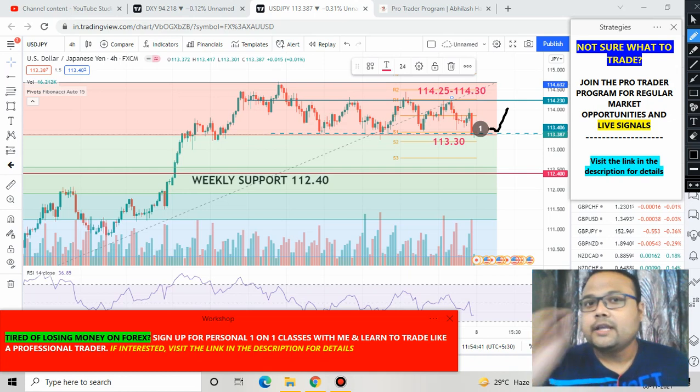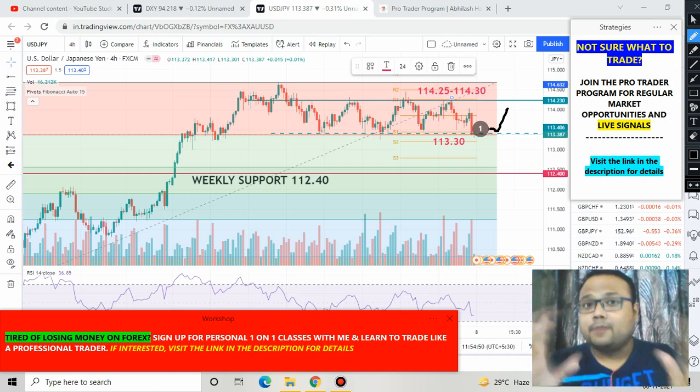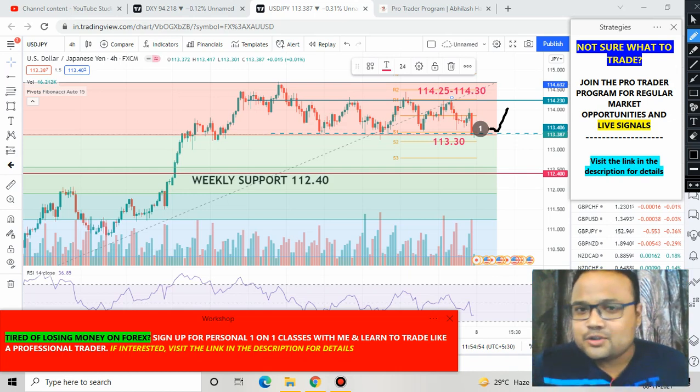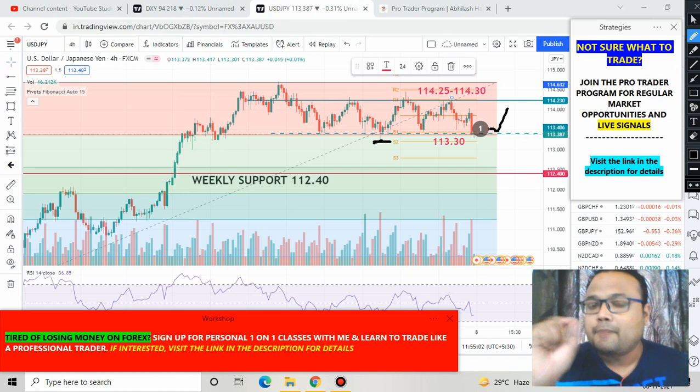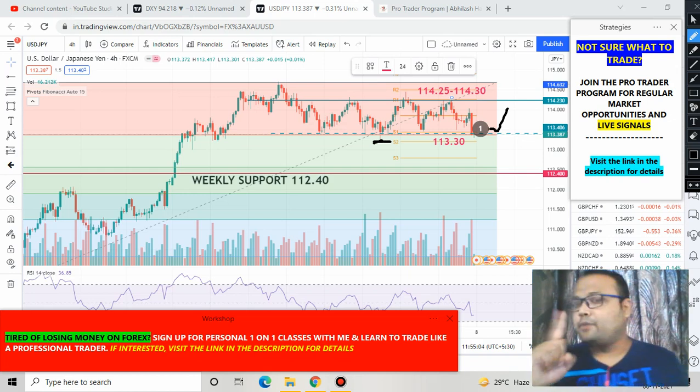Just make sure that you are using a proper stop loss, because suddenly if the market forms a huge red candle, then you may be in trouble. So stop loss is extremely important. Your stop loss should be below this level. If you find the market bouncing from this particular support level, you can go for a buy. That is your first trading opportunity.